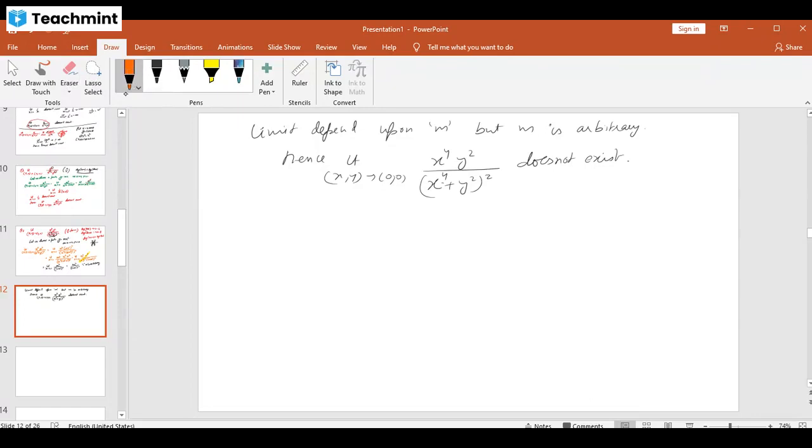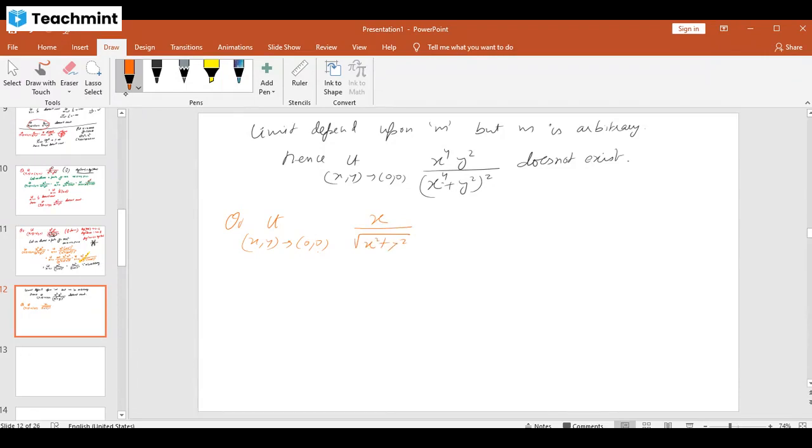Suppose we consider the limit as (x, y) approaches (0, 0), and I'm assuming the degree of the numerator and denominator are the same. Suppose I consider x upon square root of x square plus y square.